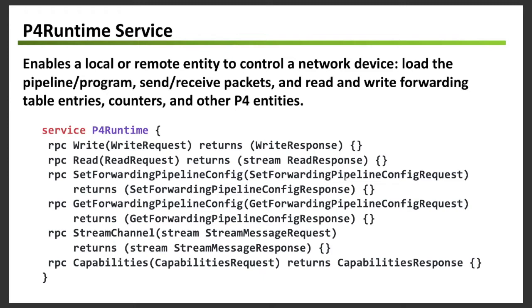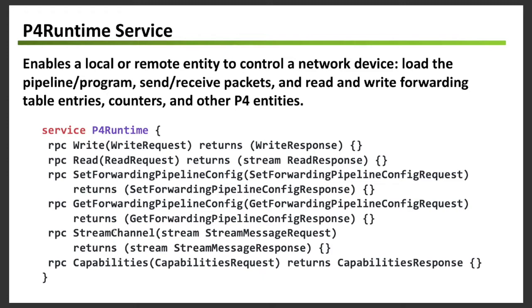In the case of BMv2, the target specific part is just a BMv2 JSON file. In the case of hardware vendors, it can be some binary blob, for example. Get forwarding pipeline config does the opposite. It allows you to check which was the most recent pipeline configuration you've pushed to your device.